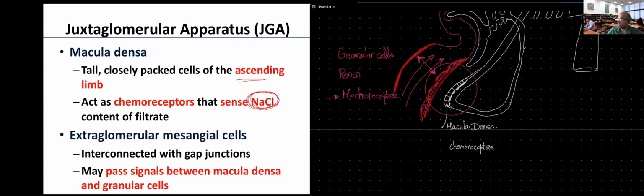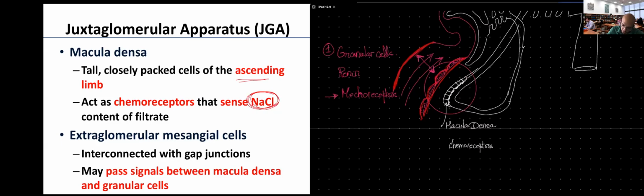So again, we've got three types of cells forming the juxtaglomerular apparatus. The first set of cells, those are called the granular cells. Those are modified smooth muscles that contain cytoplasmic granules, and inside those cytoplasmic granules, you keep a hormone called renin.